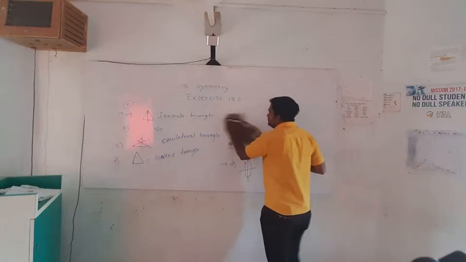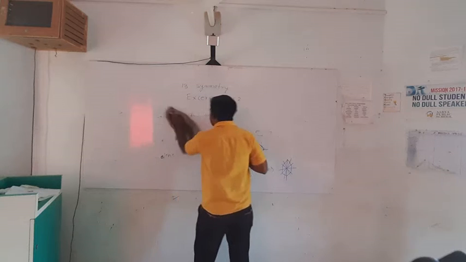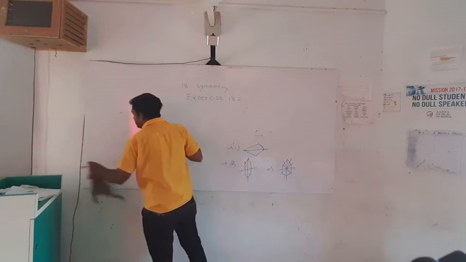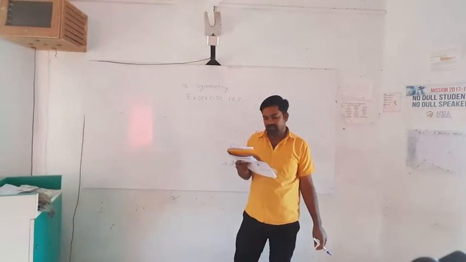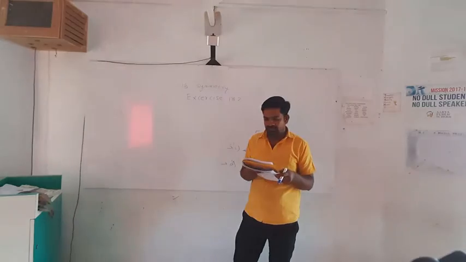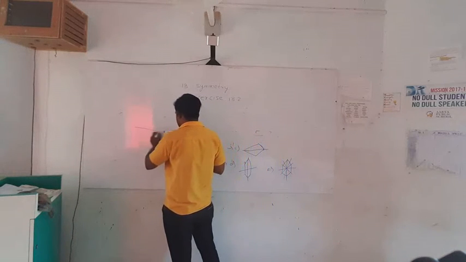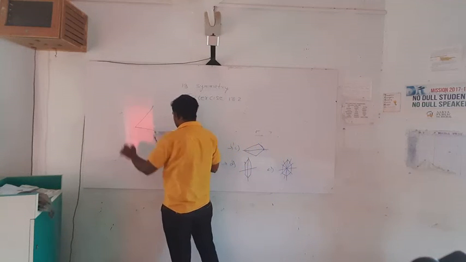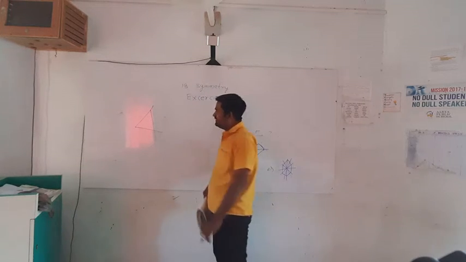Now see question number 6. Question number 6 is: trace the figure and draw the lines of symmetry. So they have given figures and we want to draw the lines of symmetry. The first shape they have given is this way. Is there any line of symmetry here?